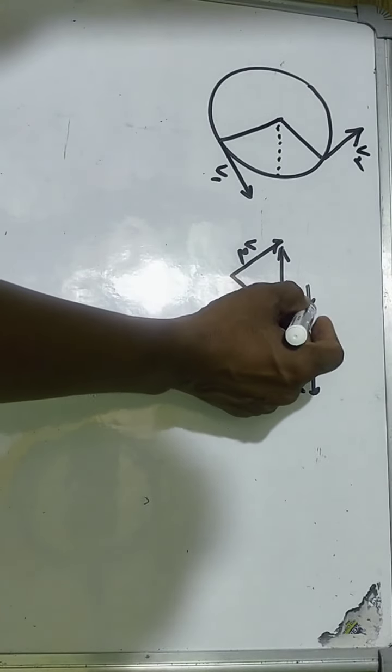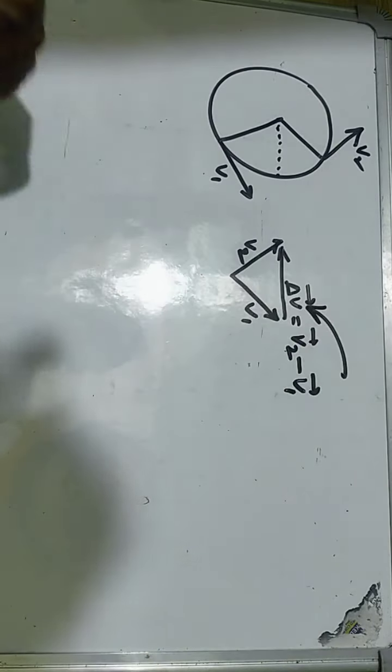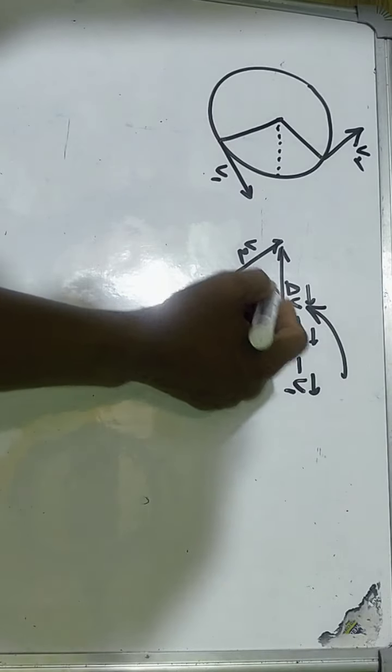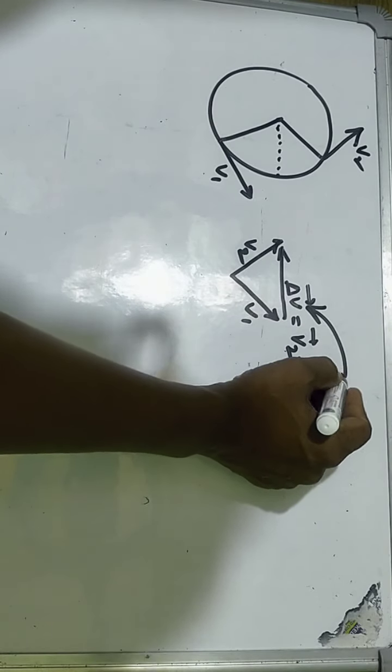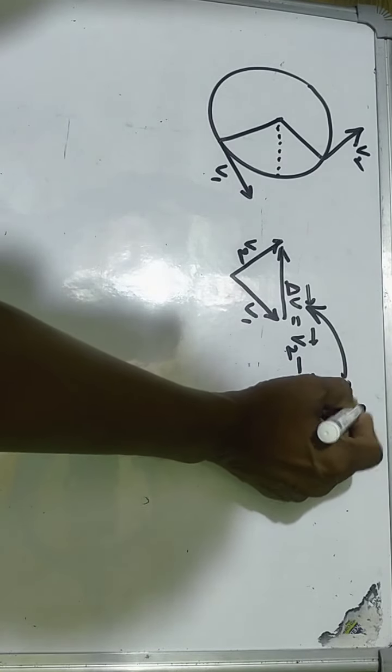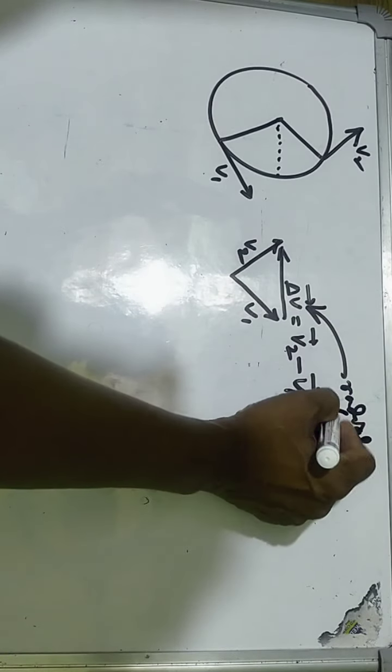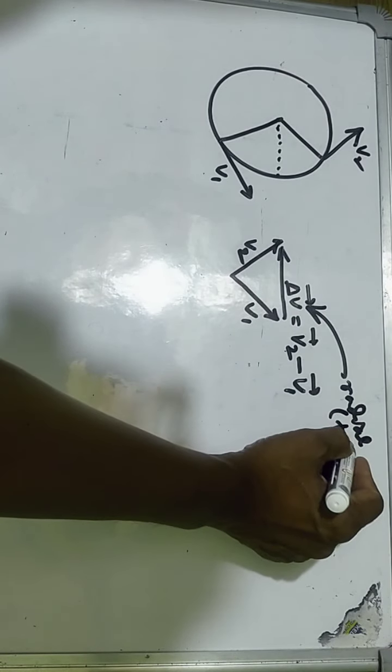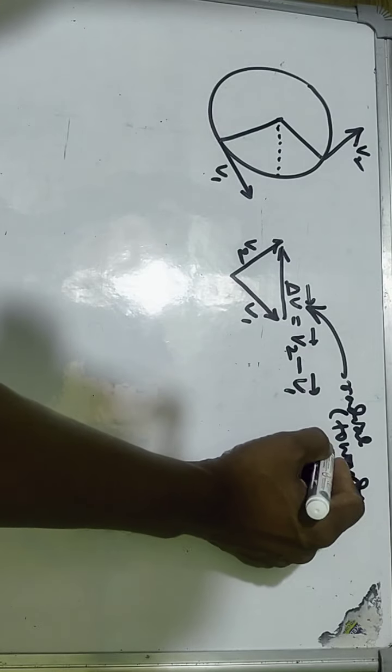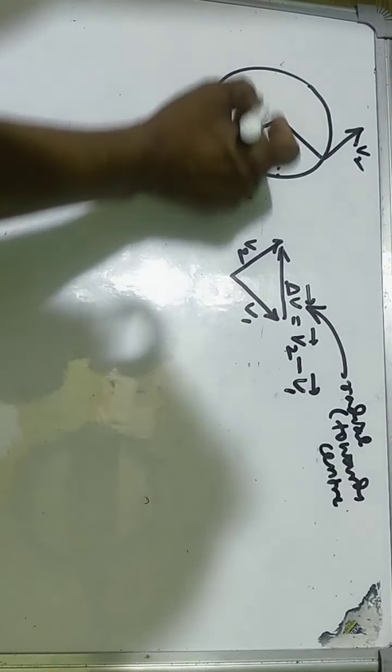The direction of this delta v is radial, that is along the radius towards the center.